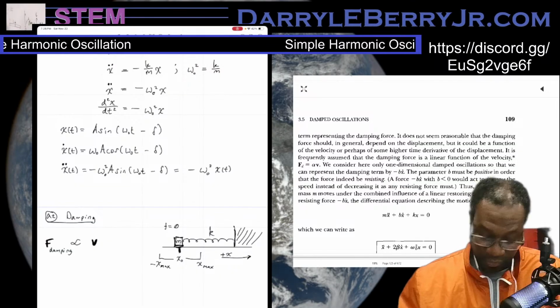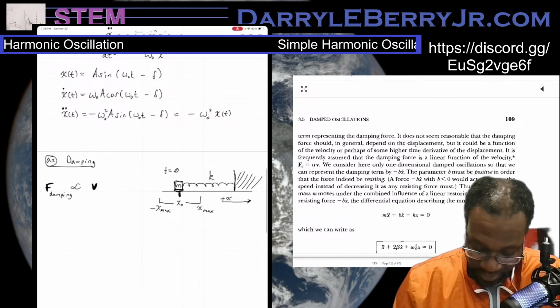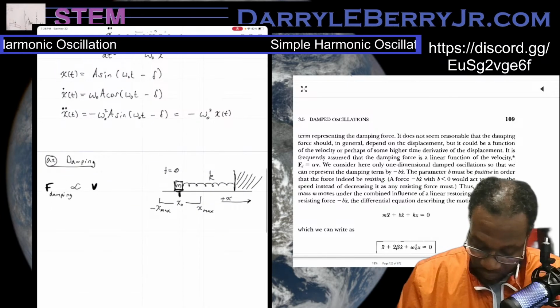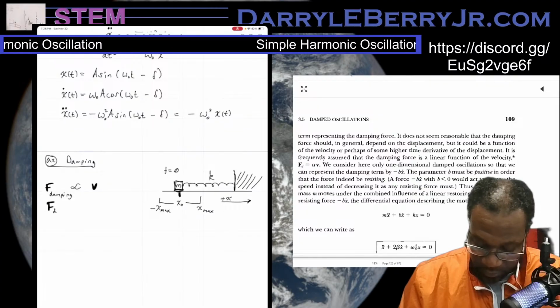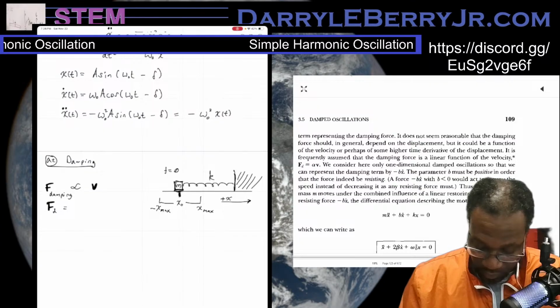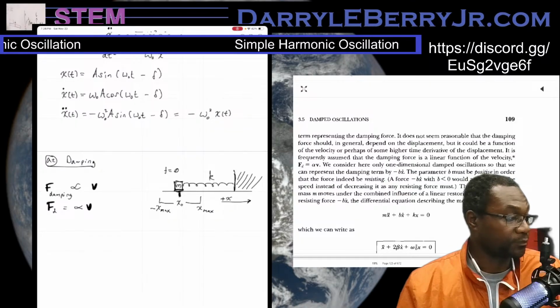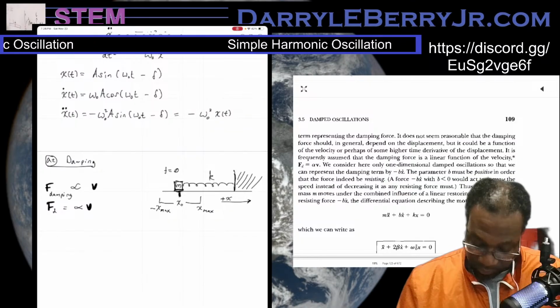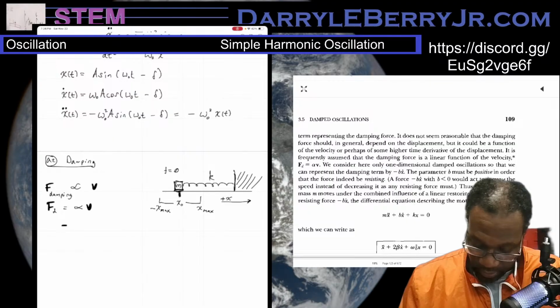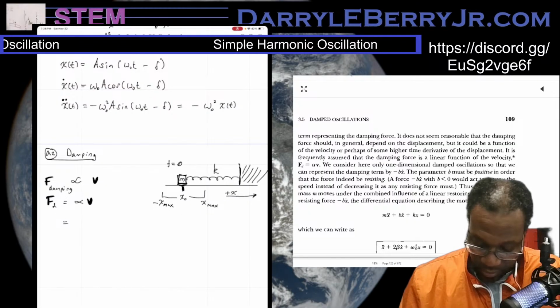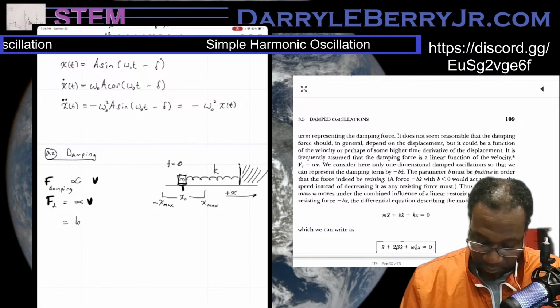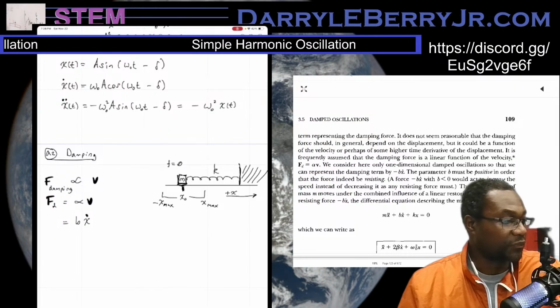So force is proportional to velocity. So we can say that the damping force equals some scalar times V, and the convention is to call this scalar B, and then we end up with x dot, because V is x dot.